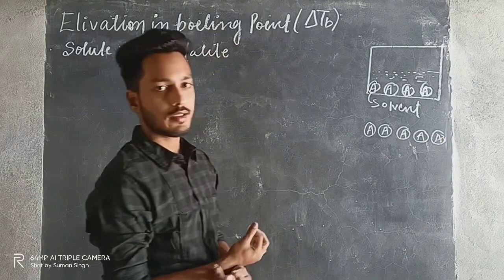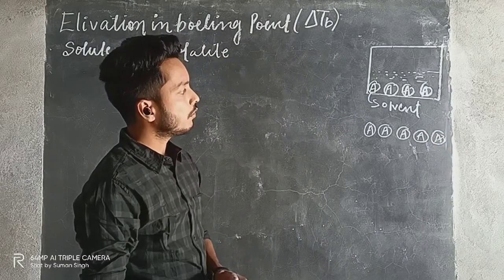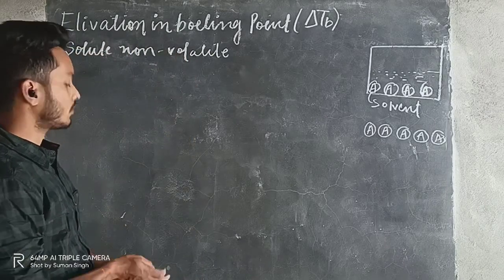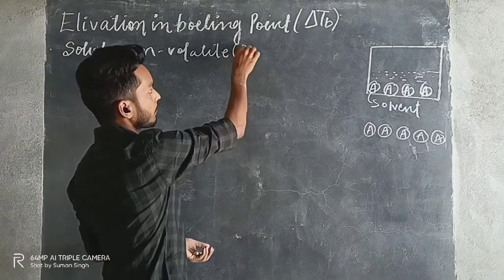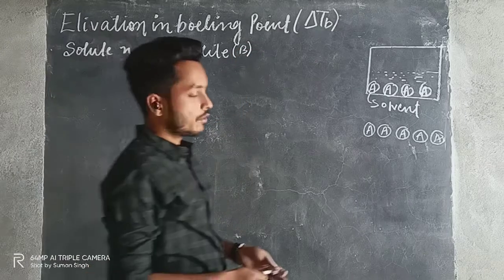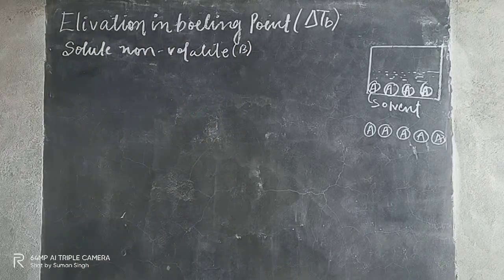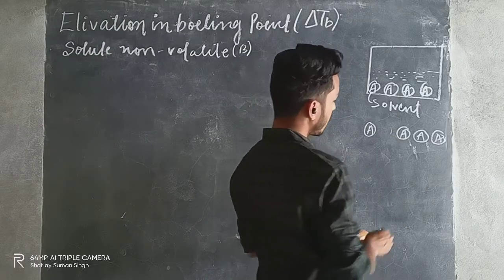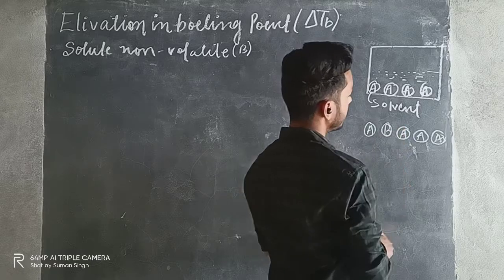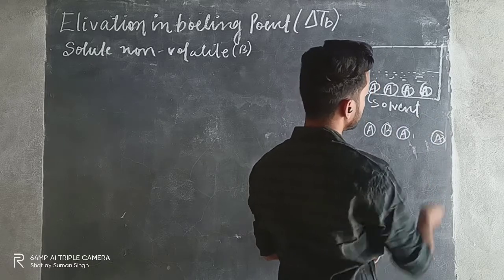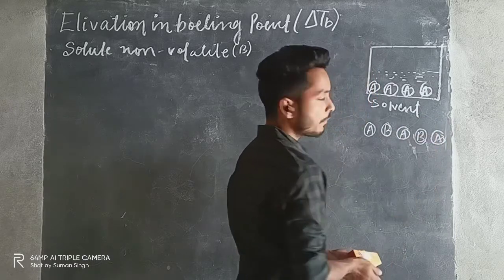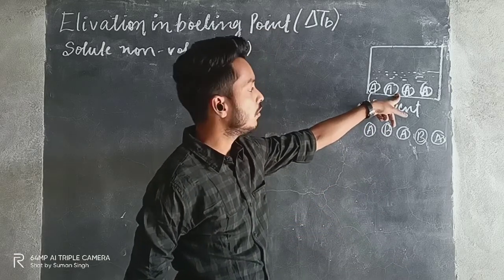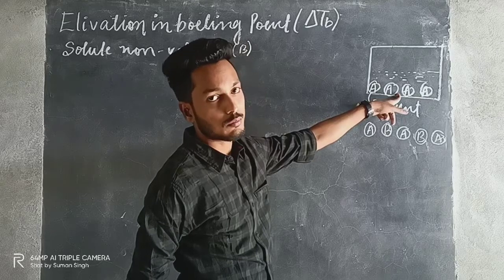Now when we have added a non-volatile solute, take the example as B, some of the place in place of A will be occupied by B. So the temperature at which A was boiling previously, now at that temperature A will not boil.